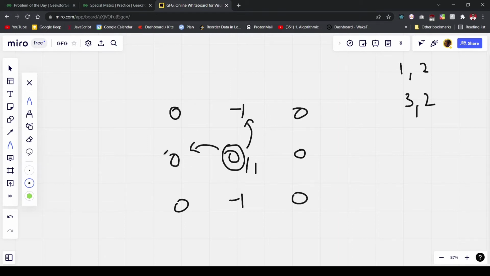So if there are, let's say, two possible ways of reaching this particular cell and three possible ways of reaching this particular cell, given this cell is not -1, then the number of possible ways to reach the cell 2,2 in this case would be 2 plus 3, that is 5. Using this approach, we'll be able to calculate the number of possible ways for each cell, and that final value would be represented by the last cell in our matrix.